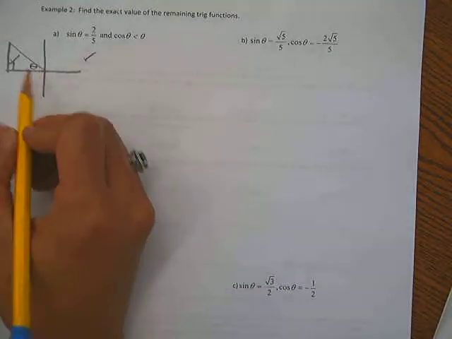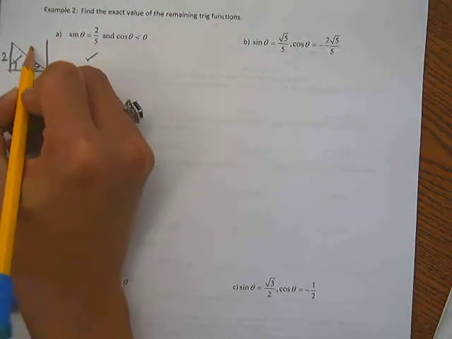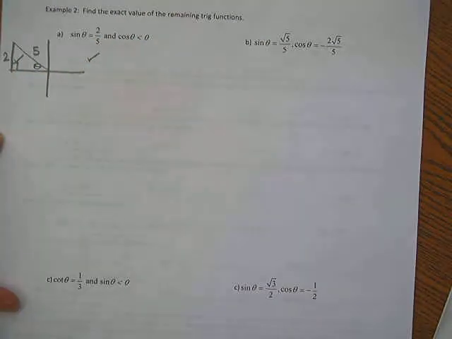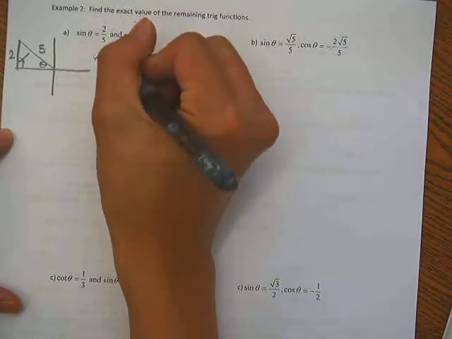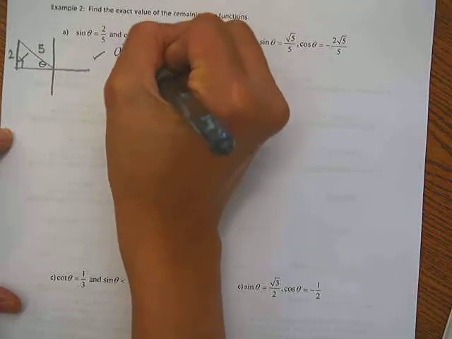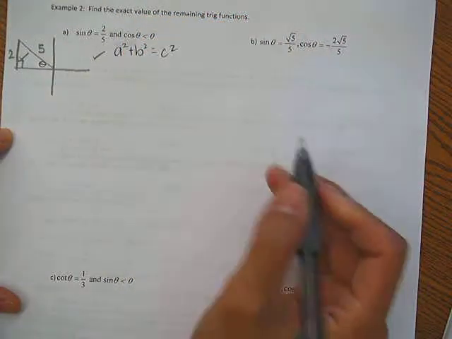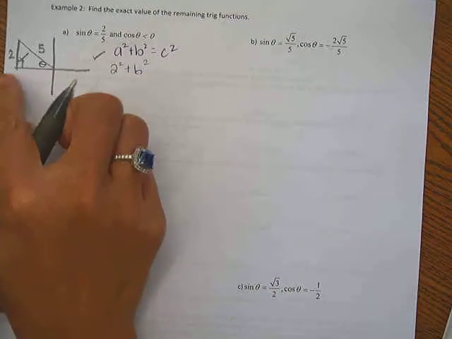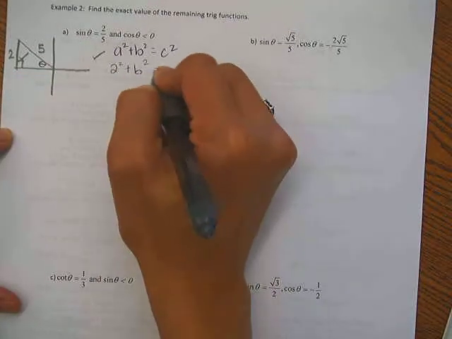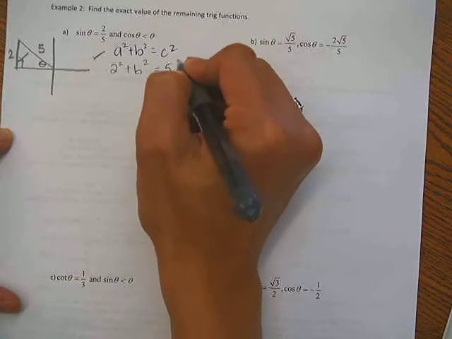So sine of theta equals opposite over hypotenuse. So currently I know 2 measurements out of the 3 of this particular triangle. I can definitely find out what this is. So using a squared plus b squared equals c squared, a is 2 squared plus b, something I don't know, which is this piece right here, equals 5 squared, which is my hypotenuse.